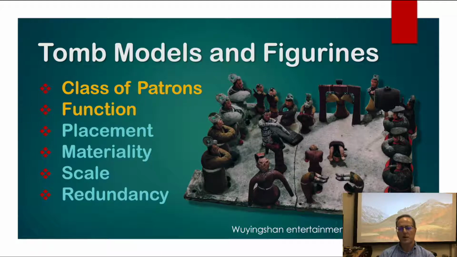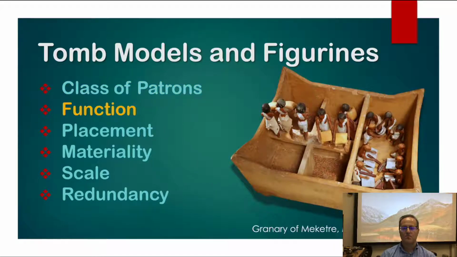The function of these models is also very similar on both sides. In both cases, they were meant to provide food, to provide entertainment, to provide guards for the afterlife.